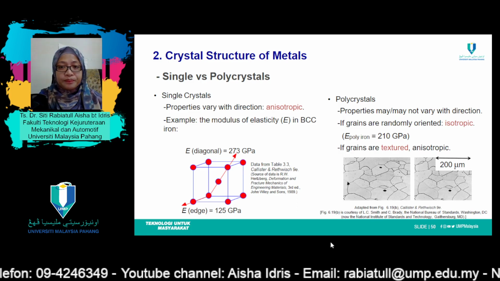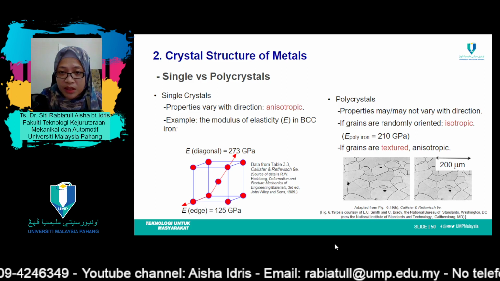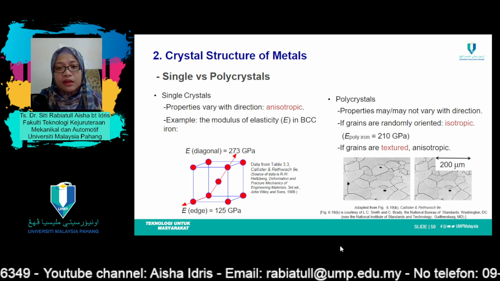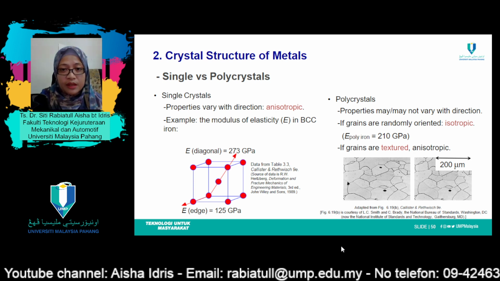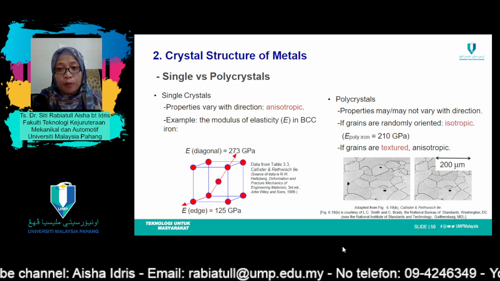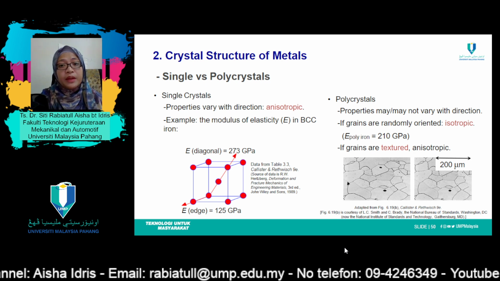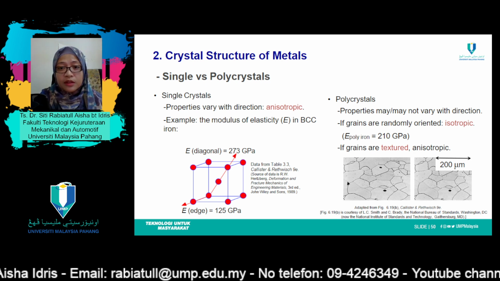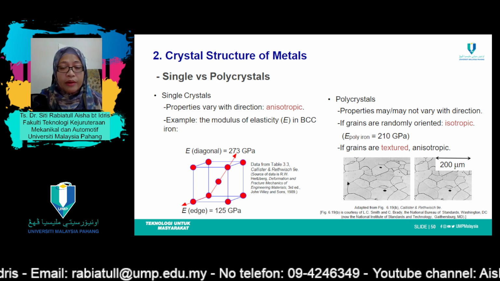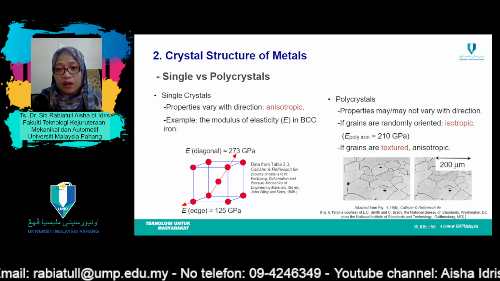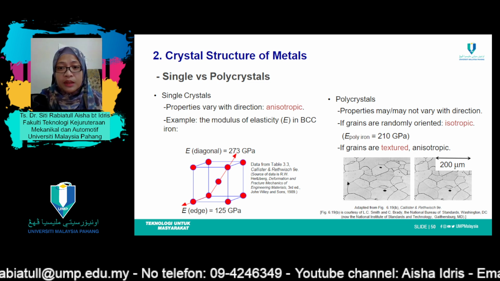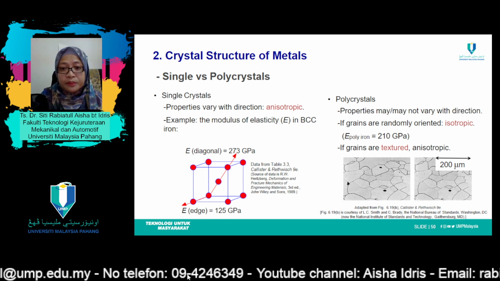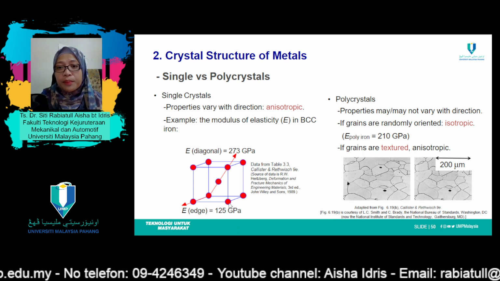Now, crystal structure can also be single crystal, polycrystal, or polymorphism. For single crystal, properties vary with direction, which is called anisotropic. For example, like BCC. So this one is anisotropic.